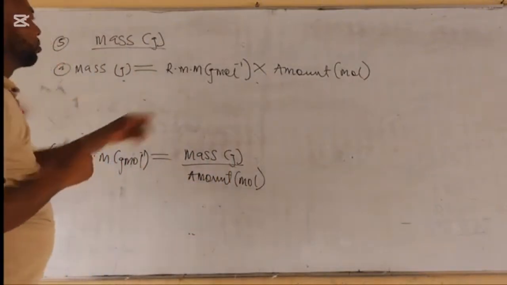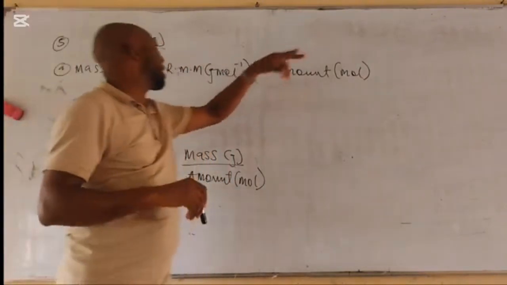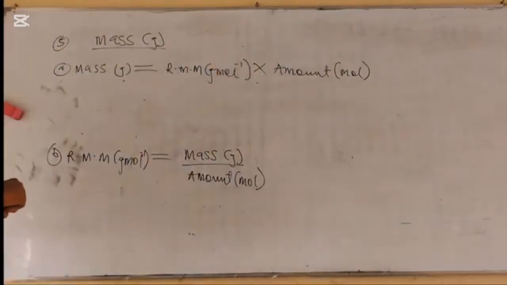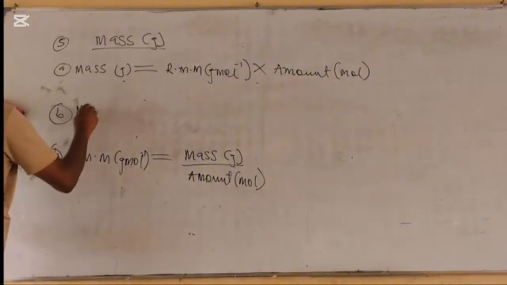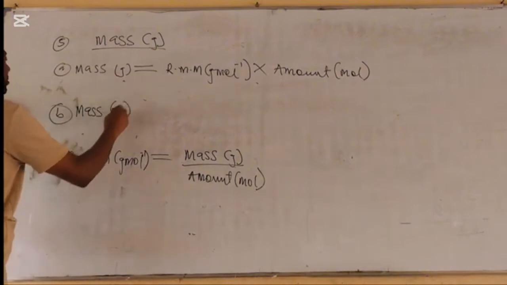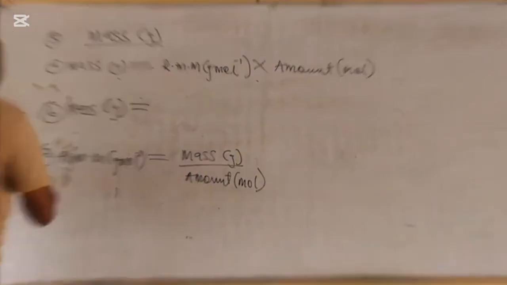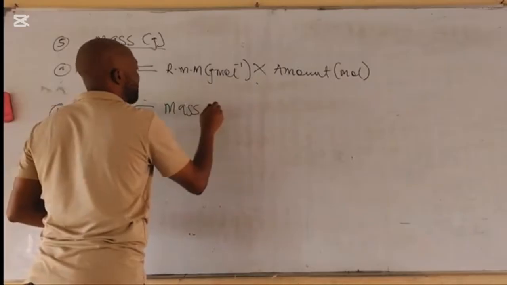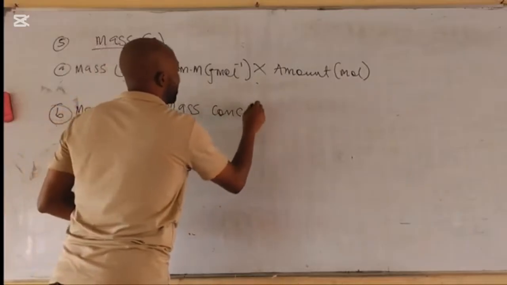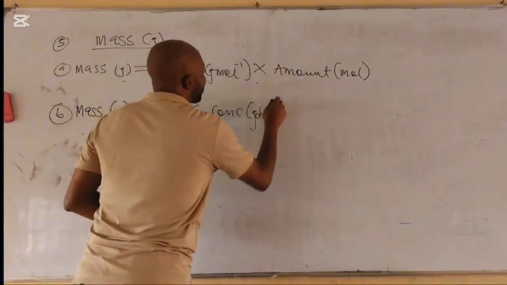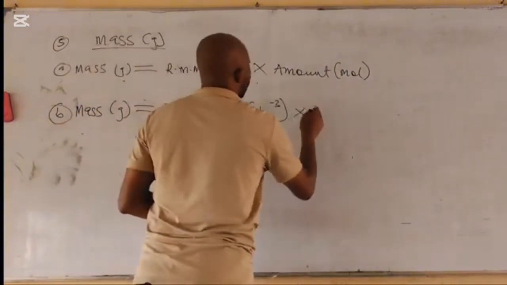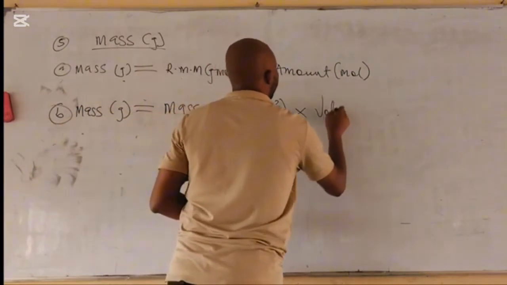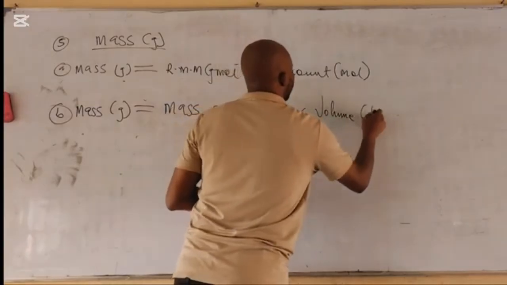So mole would strike this out, I'll be left with this. B, mass in gram is equal to mass concentration in g per dm cube times volume in dm cube.